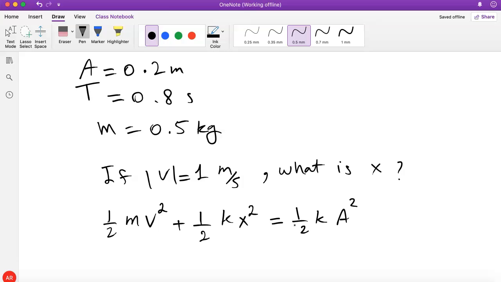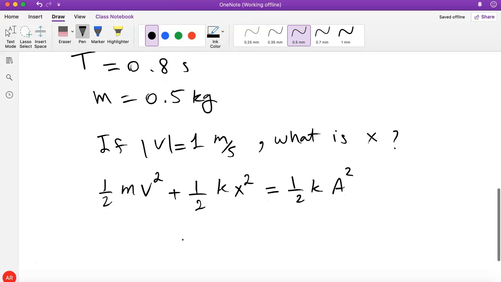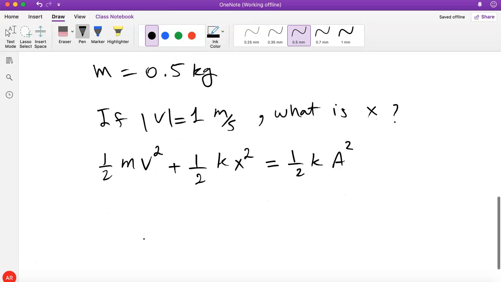When x is equal to its maximum, the kinetic energy is 0. Let's cancel out the 1/2s and keep x squared on one side. So k x squared is k A squared minus m v squared.